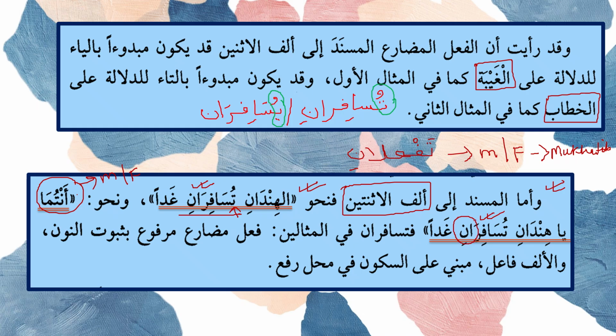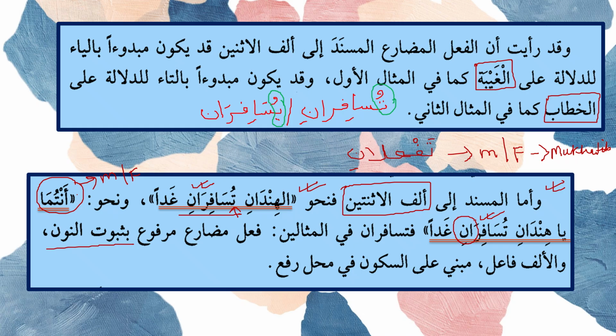The presence of noon tells you that this fi'l mudari' is in marfu' case, and it is free from the mansub case, free from the jazm case. It's not in the mansub, not in the jazm. Why? Because of the presence of noon, thubut an-noon. You can see in the i'rab, these are important points that you have to mention in the i'rab. Thubut an-noon, the presence of noon tells us that this present tense is in marfu' case.